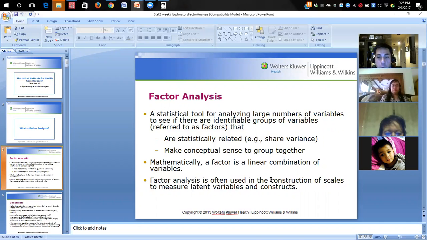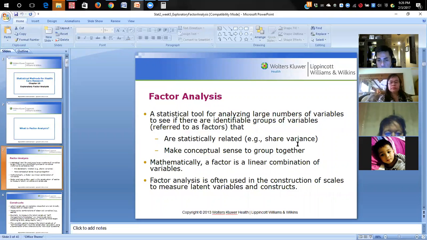And when you develop your tool in the beginning, you really don't want to have a smaller sample size than what's required. So this is what factor analysis is all about.